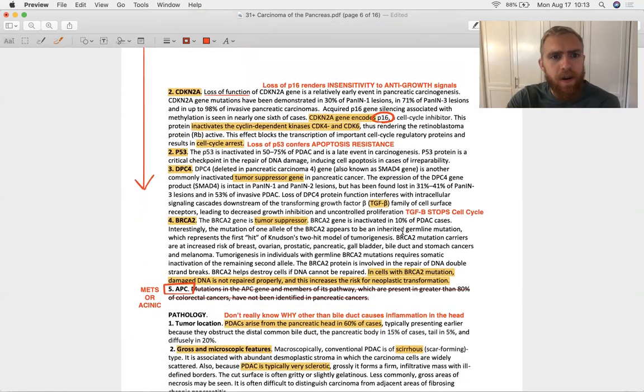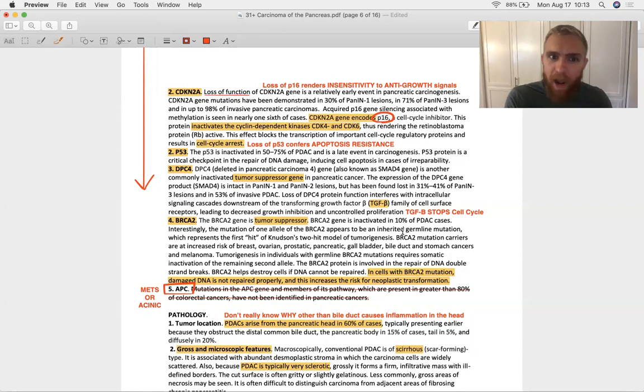This cyclin-dependent kinase inhibitor 2A, also known as INK4A, P16, what this is going to do is make a cell insensitive to anti-growth signals. So if you're turning the music too far up, your neighbor might come knock on your door and say, hey, can you please turn the music down?